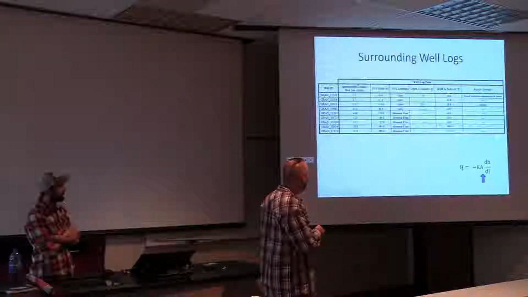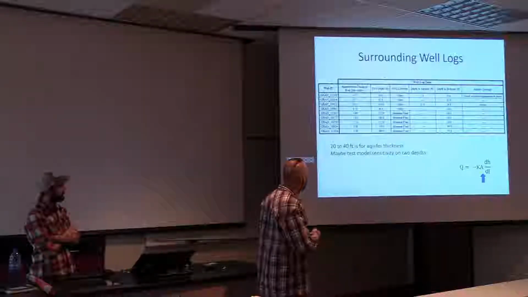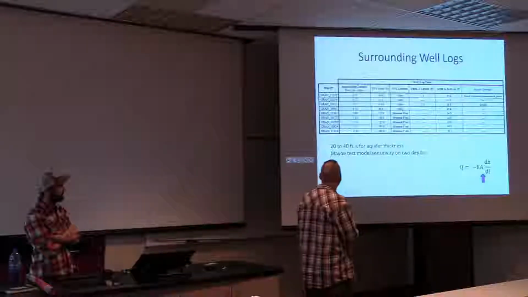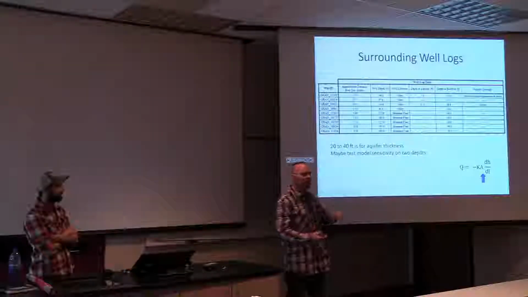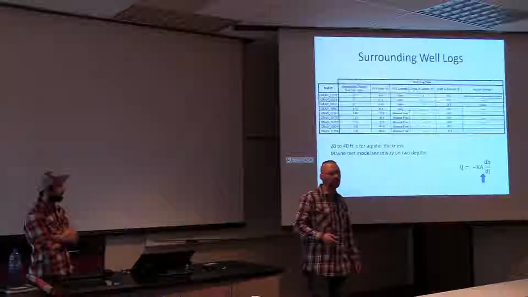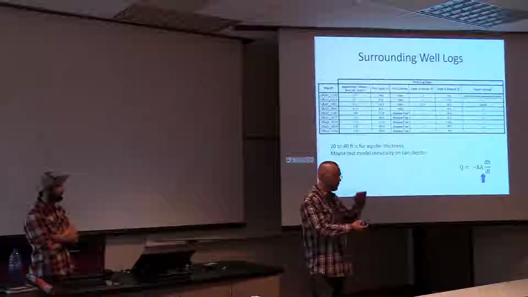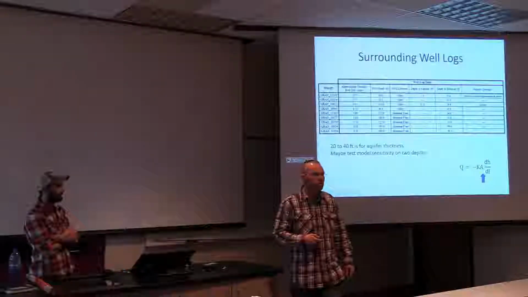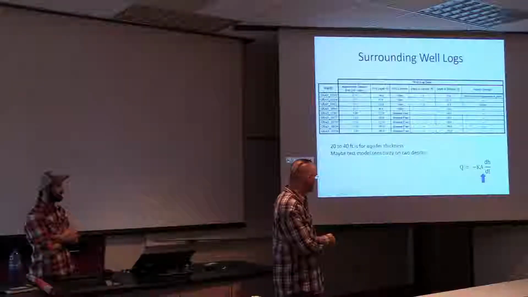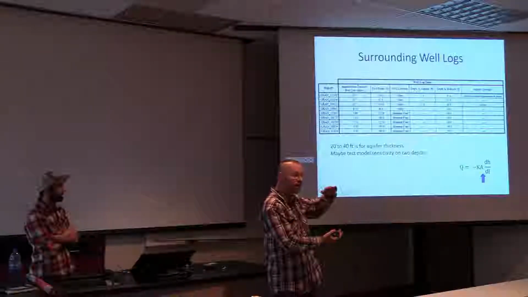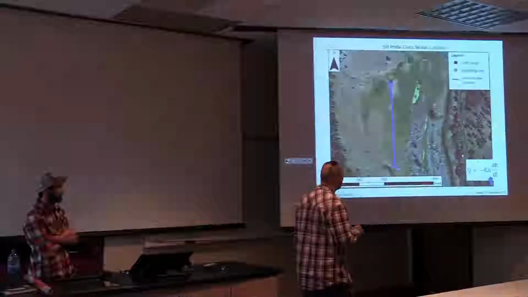And what I want to highlight is basically we can see that a 20 to 40 foot aquifer thickness is probably reasonable. And we may actually test model sensitivity to the two depths to see how different our results might be. And bringing you back to Darcy's law, this has helped in aiding our area of groundwater flow.